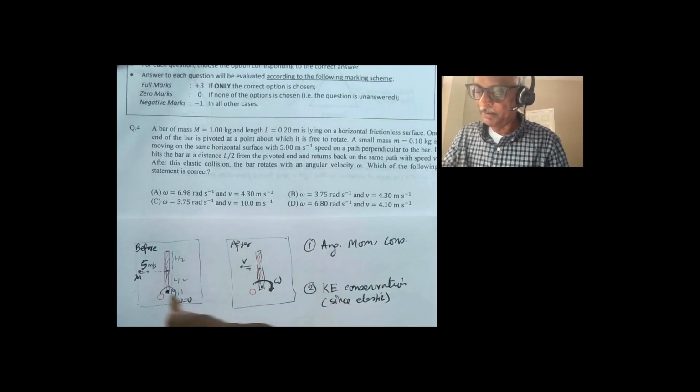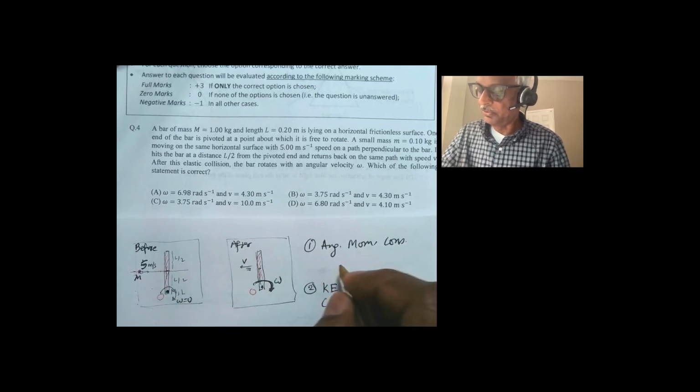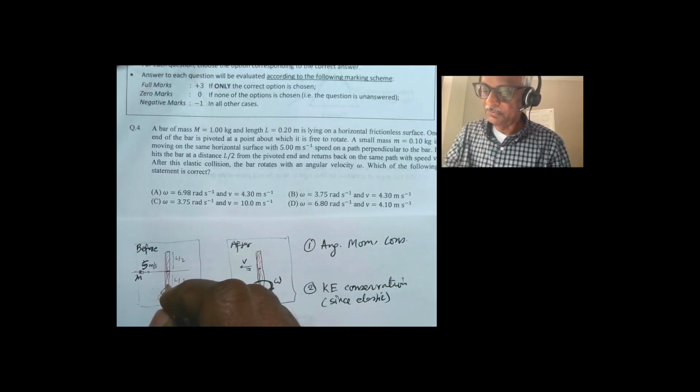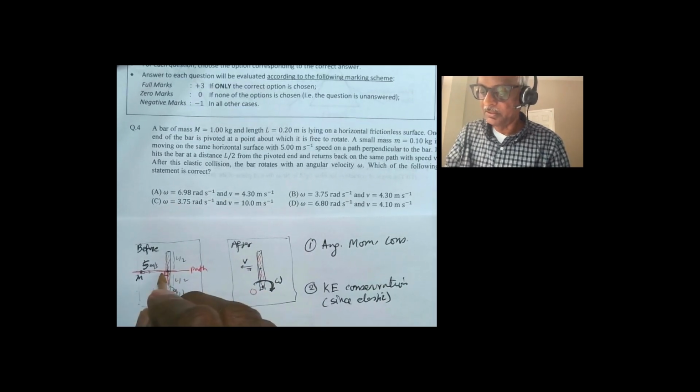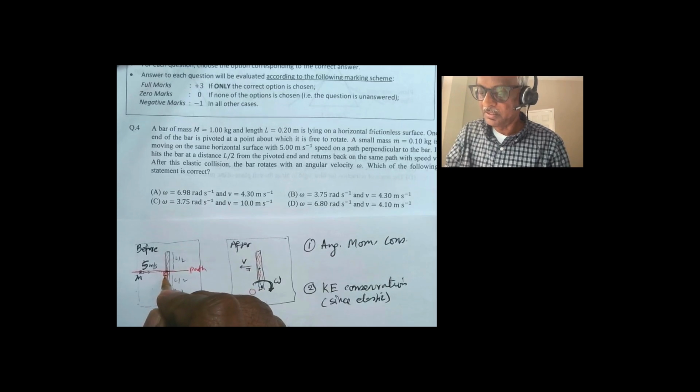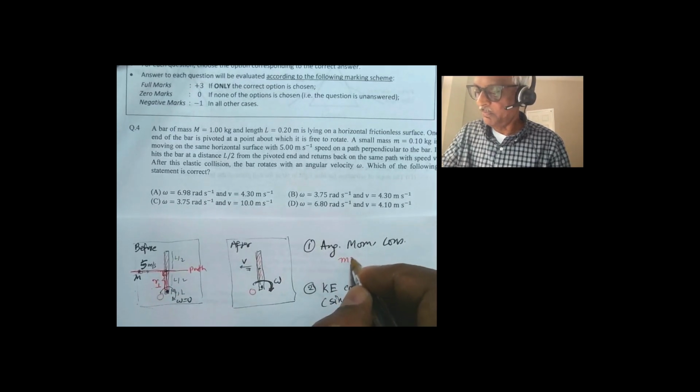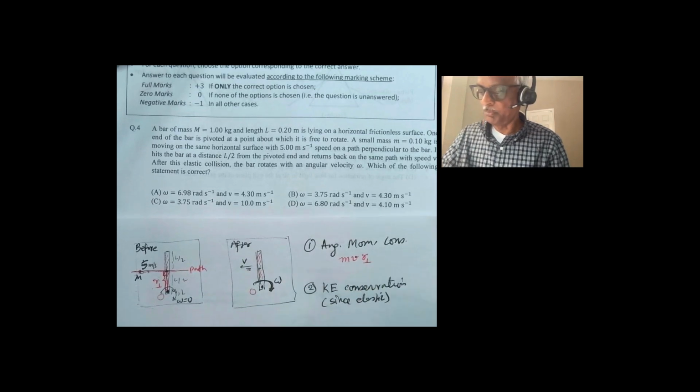For a mass, if I go perpendicular, this is the path, and I draw a perpendicular to it, that distance is r perp. So m v r perp will be the formula for the particle.